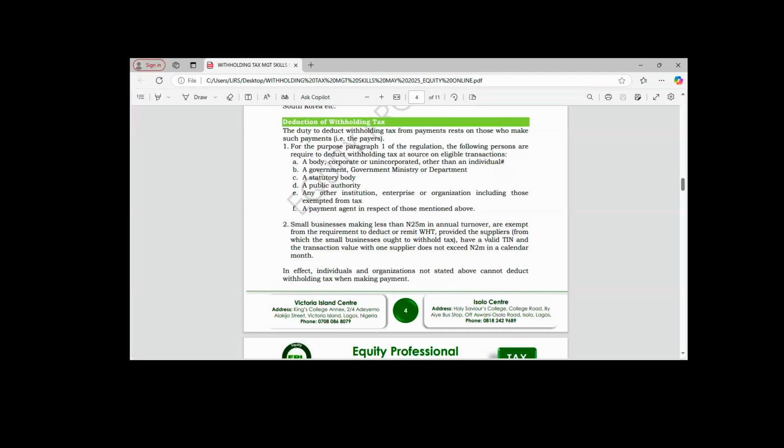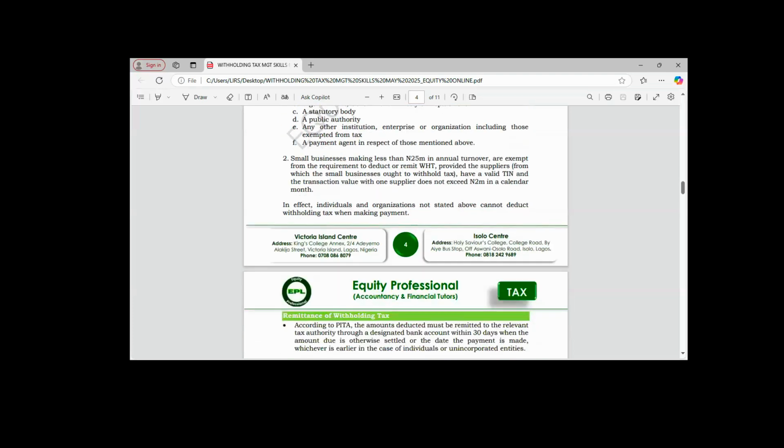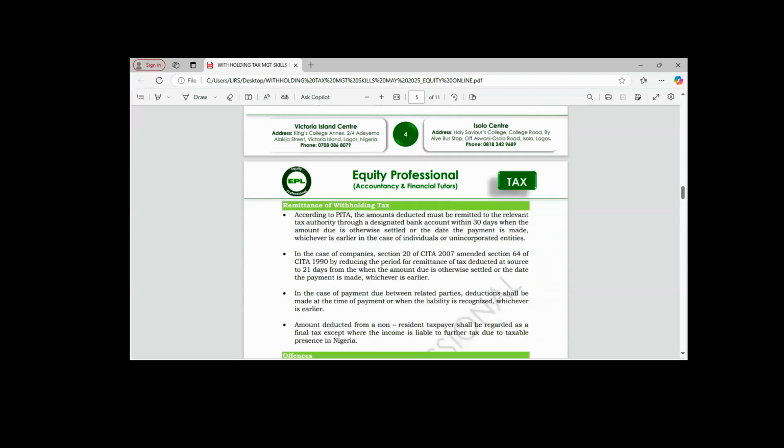So in essence, by law, small companies are not expected to deduct withholding tax, and by law, they can also not suffer withholding tax on any transaction that they enter into with other companies. So let us take note of that.